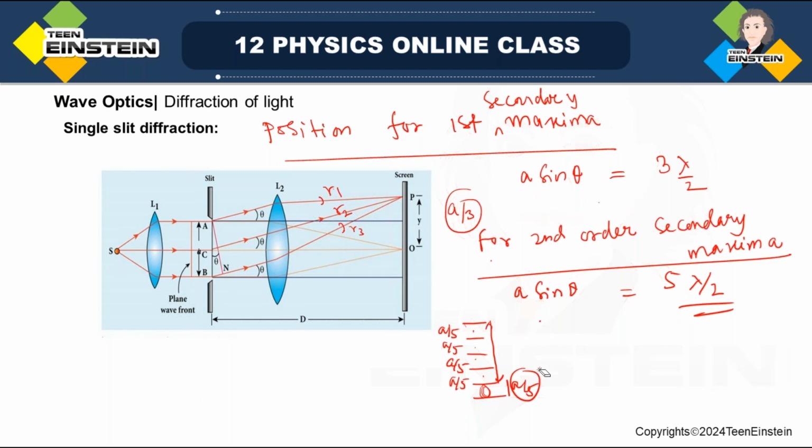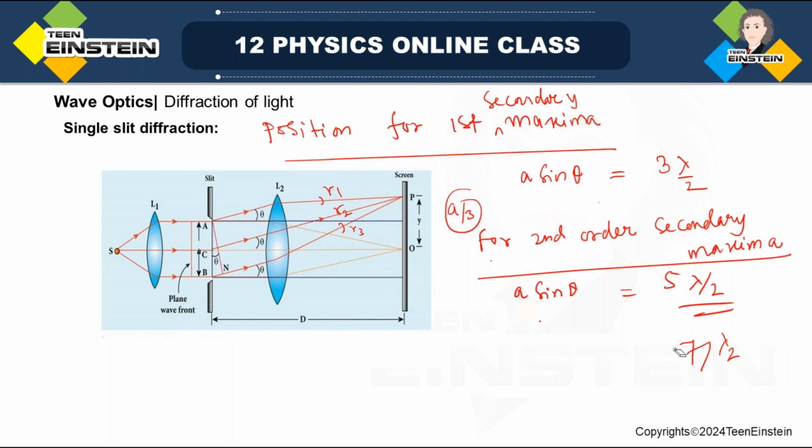Like that, you have to divide into an odd number. If you want to see the third order, you have to divide into 7 equal parts, and the condition has to be 7 lambda by 2.